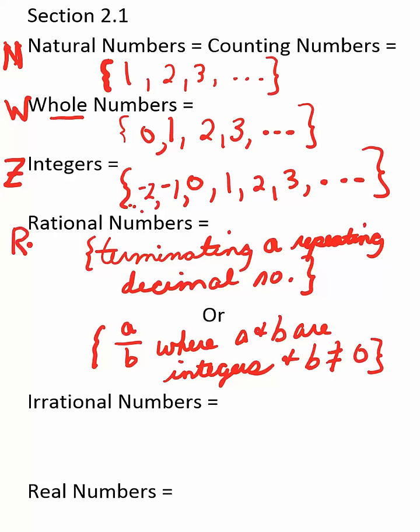The irrational numbers are the set of numbers that are non, or not, so non-terminating. Okay, let's try to get our pen again working.